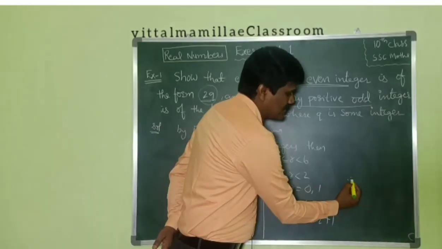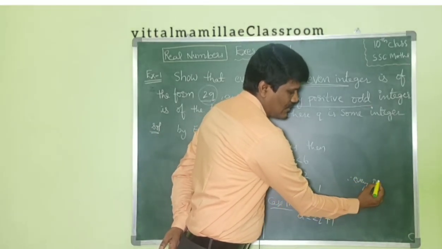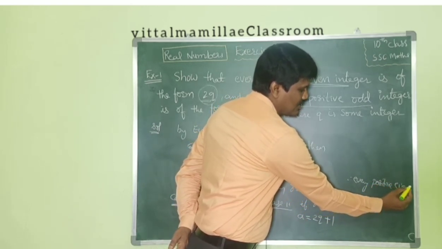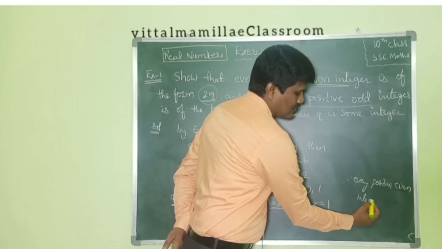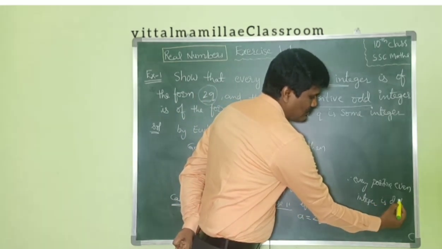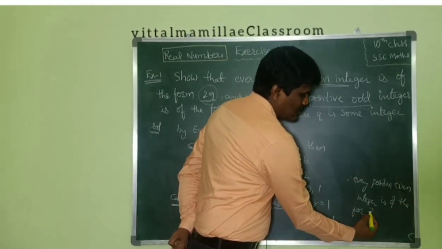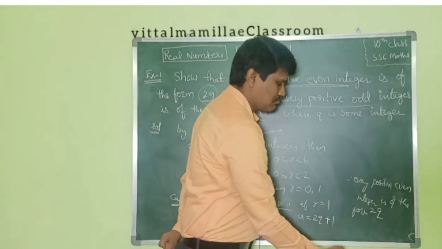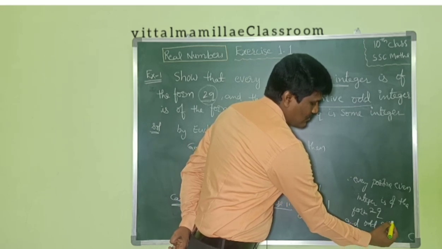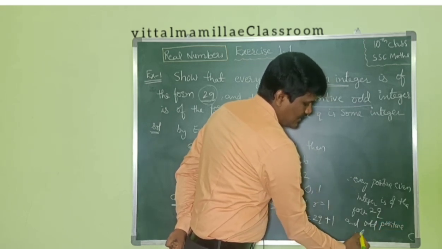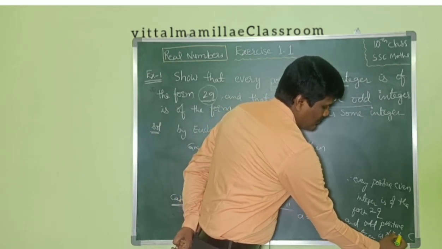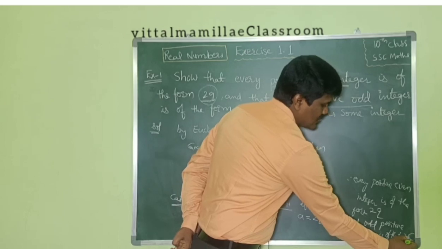Therefore, every positive even integer is of the form 2q, and every positive odd integer is of the form 2q plus 1.